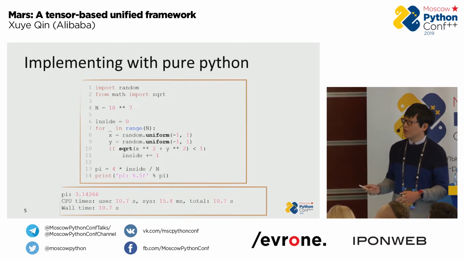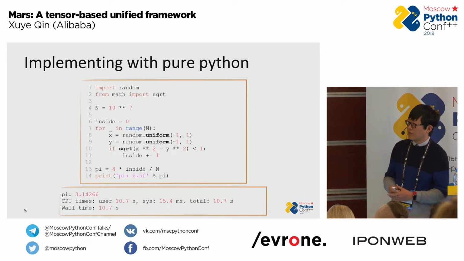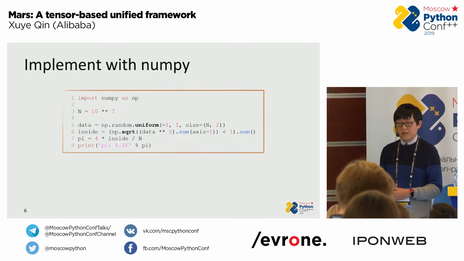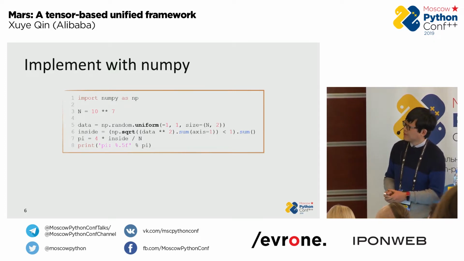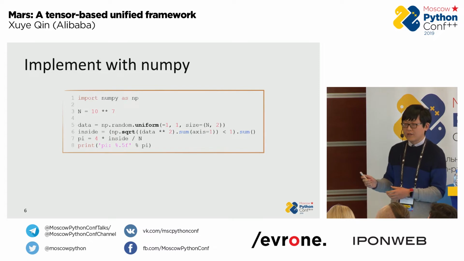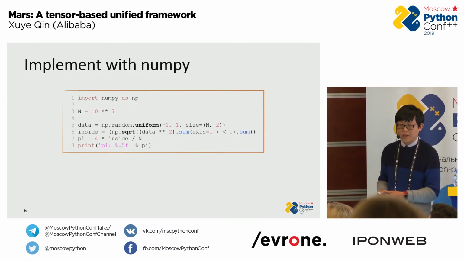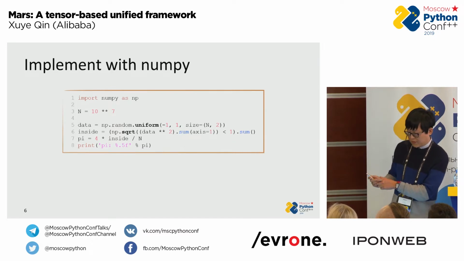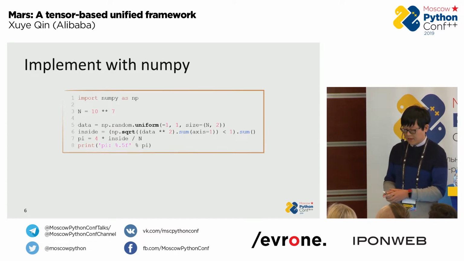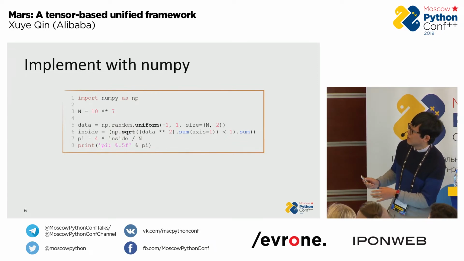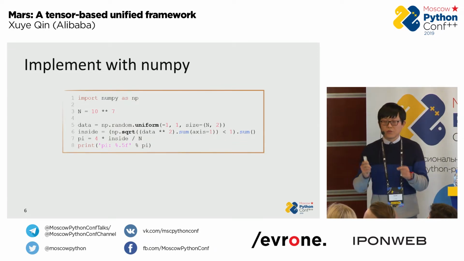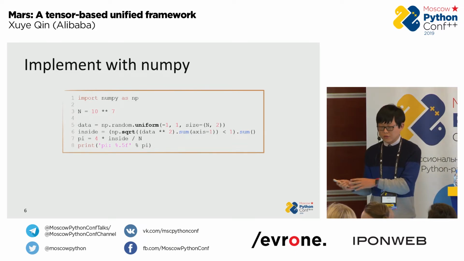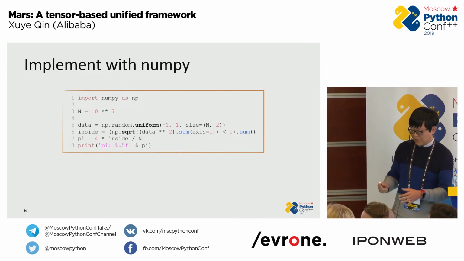For such a numerical task, NumPy is always a good choice, so we can implement it with NumPy. Here we use numpy.random.uniform to generate n by 2 random data, and then square all the elements of the two-dimensional array.